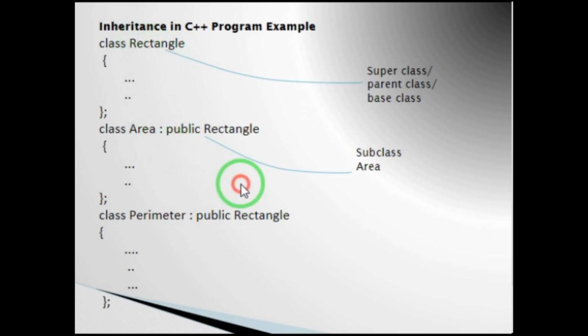Again, if I want to declare another derived class or subclass, follow the similar syntax. Class is a keyword, perimeter is a subclass name, colon, public is an access specifier, rectangle is our base class name.